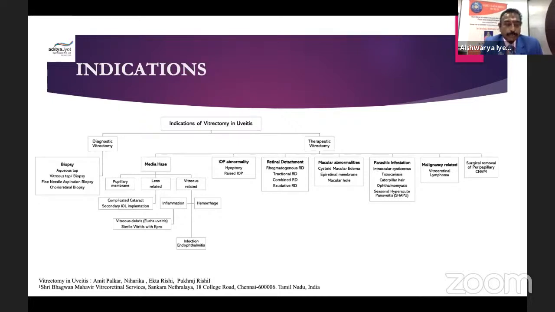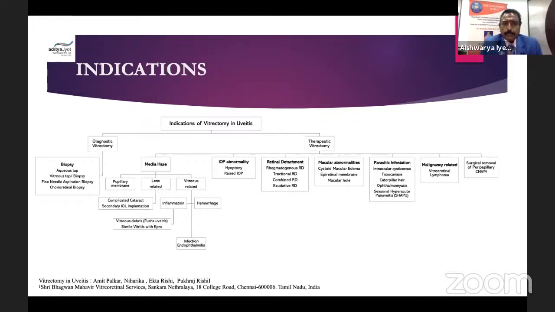When you have a media haze, it could be a pupillary membrane, lens related, vitreous related, and it could be complicated cataract or a secondary intraocular lens implantation. And vitreous related will be inflammation, hemorrhage, and vitreous debris, uveitis, sterile vitritis, and infectious endophthalmitis.